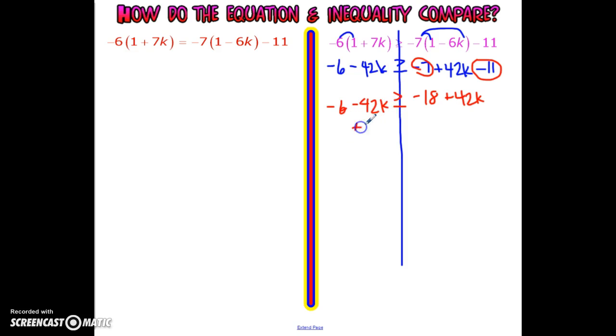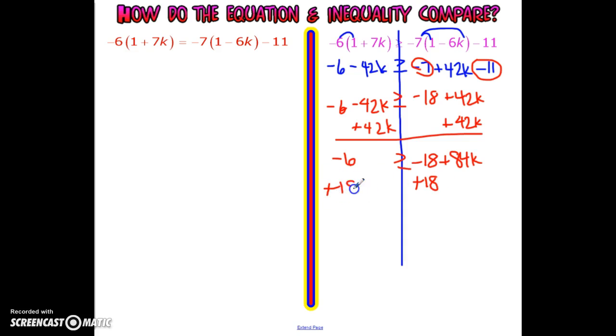Let's go ahead and add this 42k to both sides. -6 is greater than or equal to -18 plus 84k. Add 18 to both sides. 12 is greater than or equal to 84k.